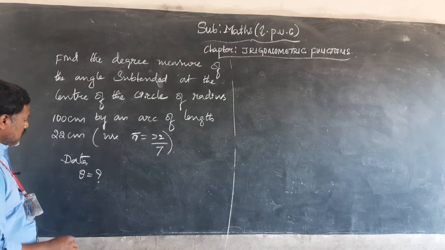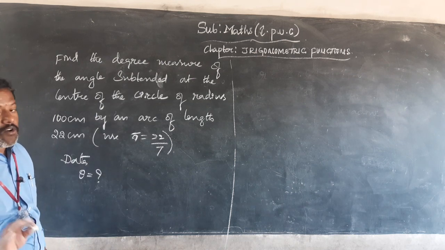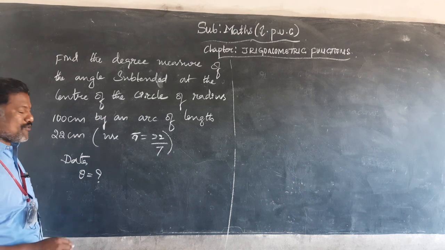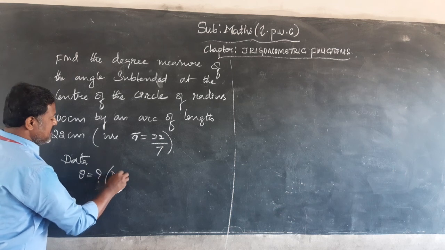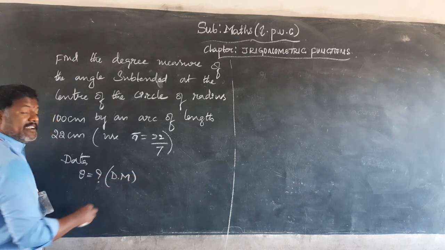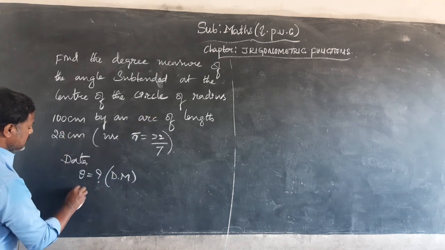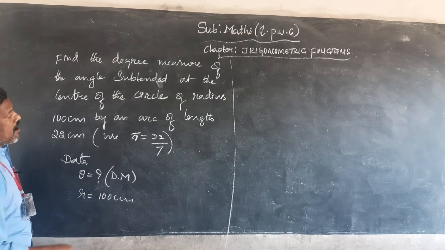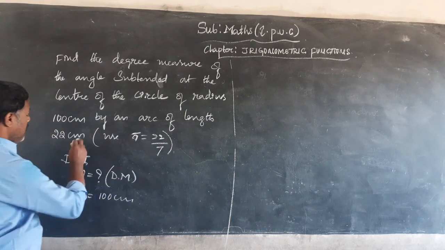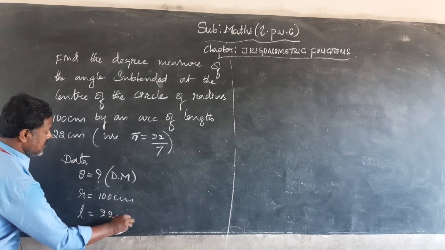So here we need to keep the value of theta in terms of degree measure, not in terms of radian. Keep in your mind. Theta is equal to question mark in terms of dm. Dm stands for degree measure. Okay. They are given us radius of the circle, that is 100 centimeter. And also they are given us arc length, that is L is equals to 22 centimeter.